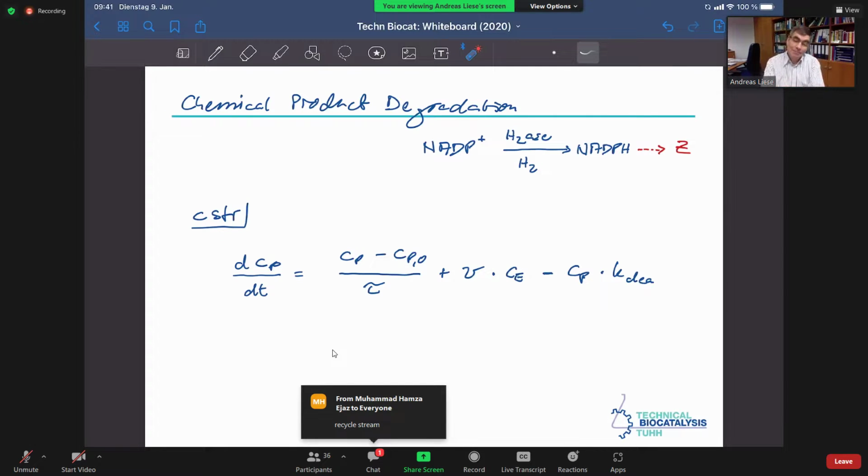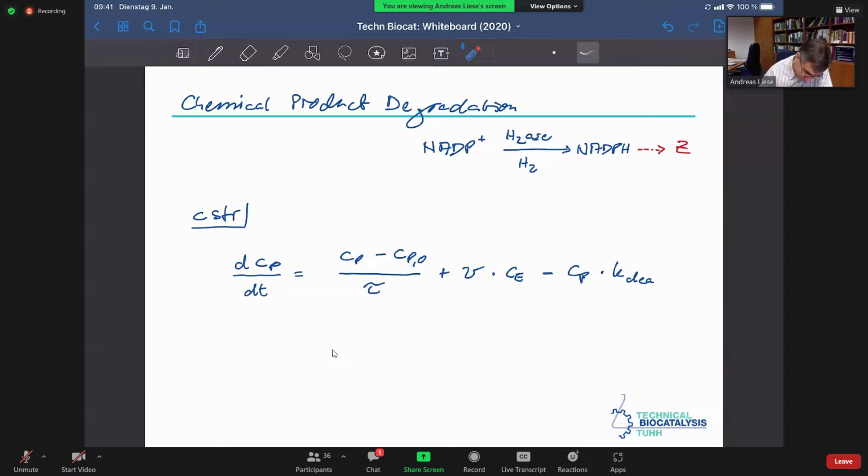Recycle stream. Yep, that could be one point. But in the recycle stream, to be honest, what you're thinking of is we have, for example, the circulation loop reactor that I introduced to you, and we have here the recycle pump. And we have the flux 2, and here we have the other pump generating the flux 1.